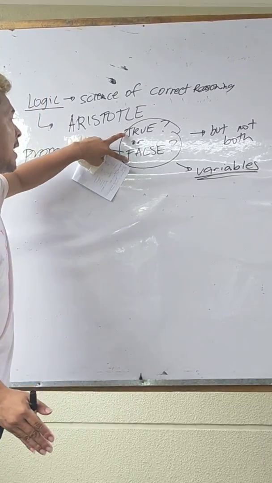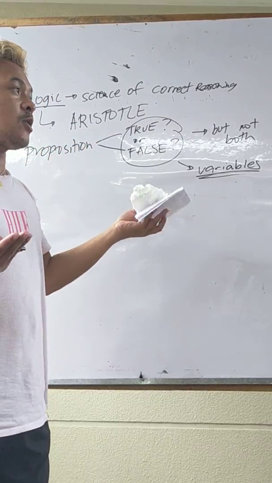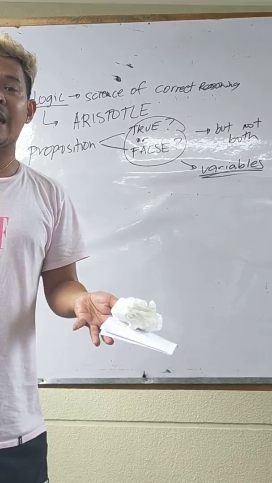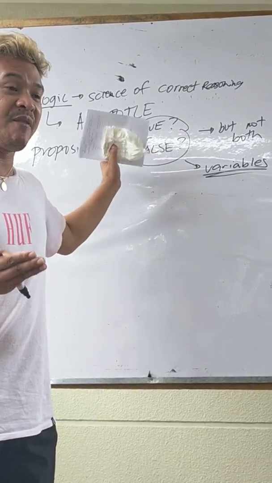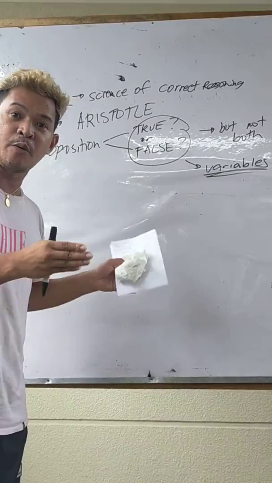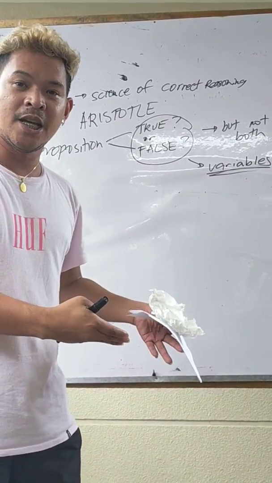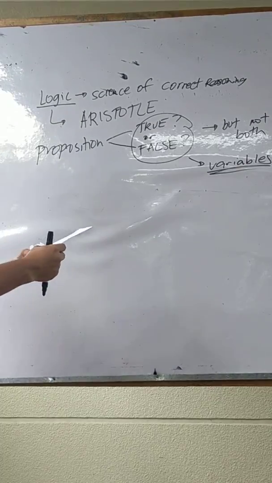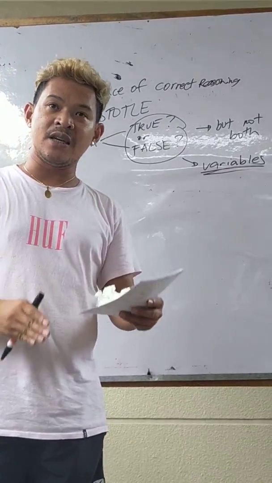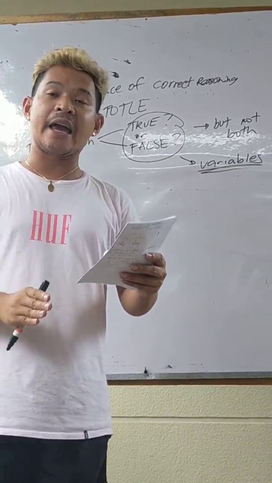Therefore, we can say that true or false is also a numerical constant. Even though this is not a number, it definitely represents something. It represents numbers. It represents propositions. It represents premises.